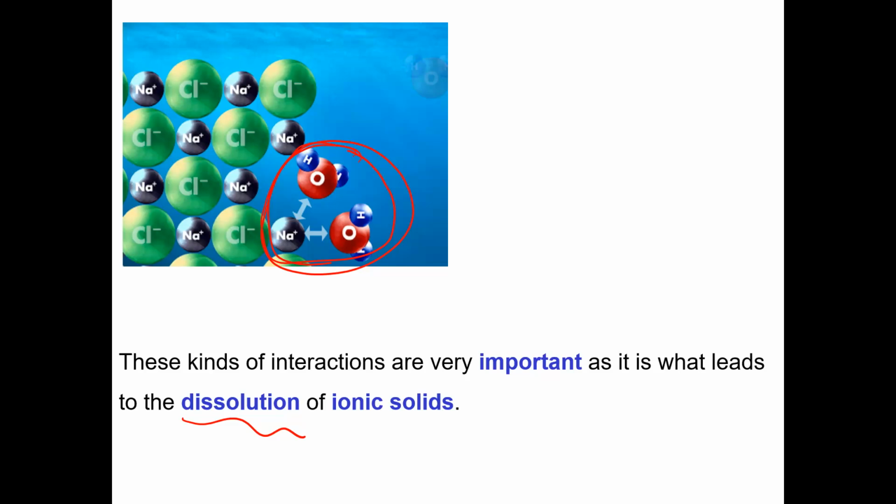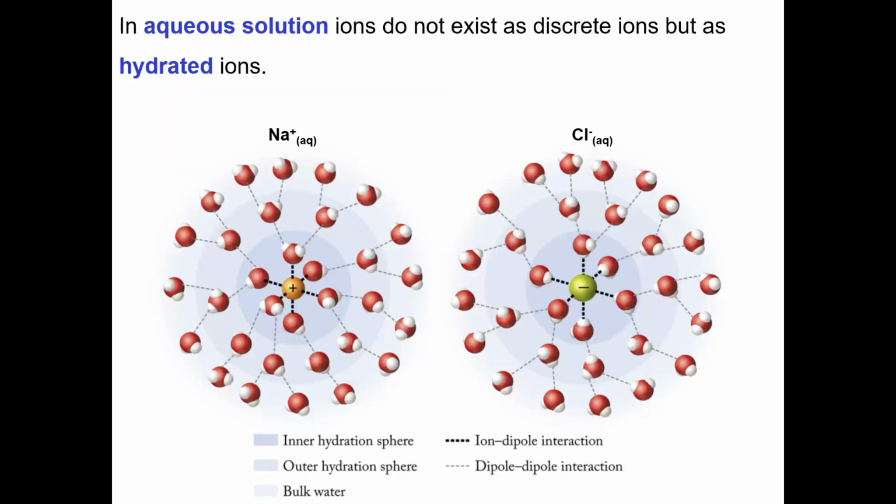So once the ions get into solution, why don't they start pairing up? I mean, of course, the ions are oppositely charged. You would think that they would attract one another. Well, it's quite interesting what happens.